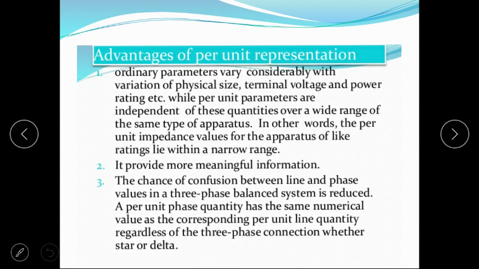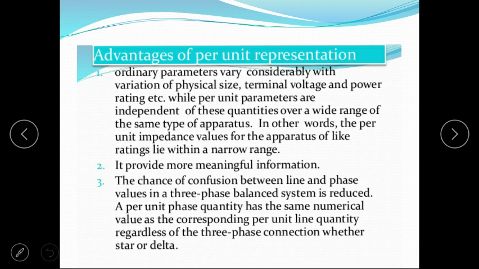Now there are some advantages of per unit representation. First is, ordinary parameters vary considerably with variation of physical size, terminal voltage and power ratings etc., while per unit parameters are independent of these quantities over a wide range of the same type of apparatus.